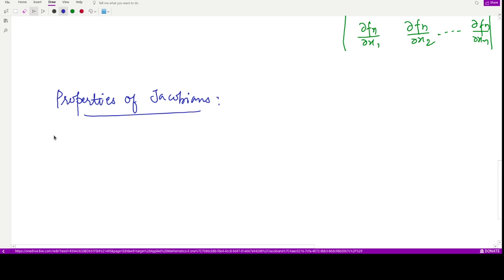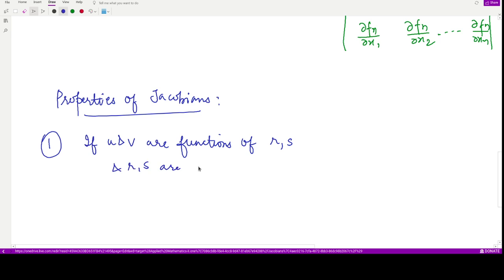The first property is: if u and v are functions of r and s, and r and s are functions of x and y, then it is a composite kind of function. u and v depend upon r and s, and r and s depend upon x and y.